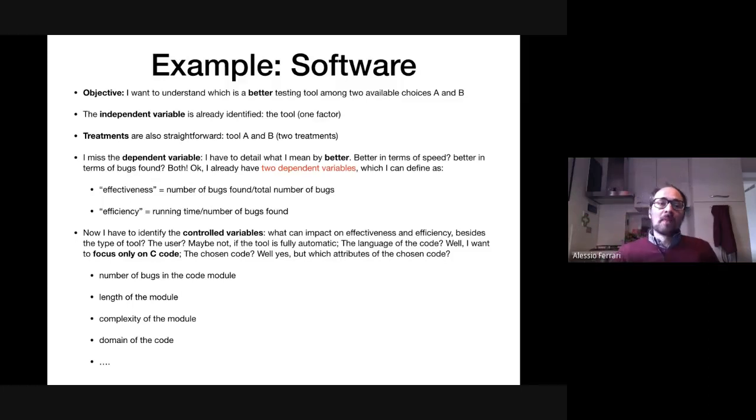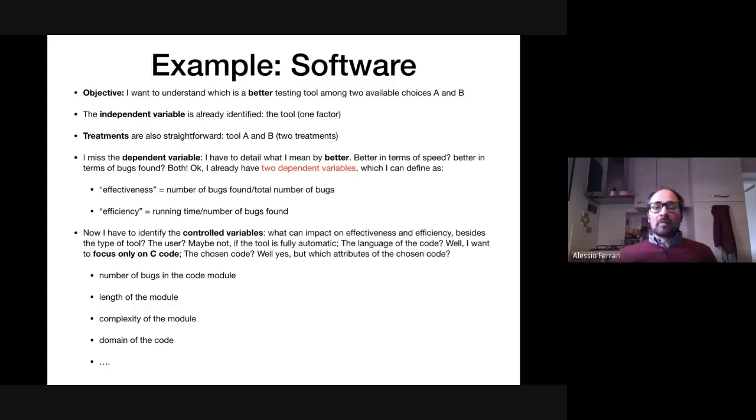My goal is to understand which tool is better for testing among two available choices, A and B. These are push-button tools, so I don't need to consider the impact of the human in using the tool. The independent variable, we already saw it, is the tool, one factor. The treatments are also straightforward: tool A and tool B, one factor, two treatments.